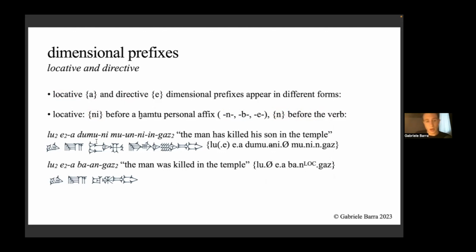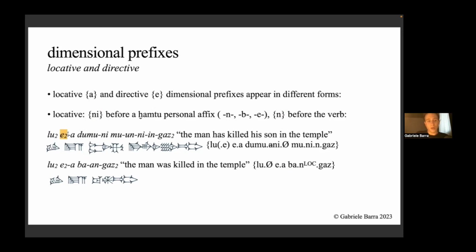But let's just see that on paper. So we have this sentence, lu e a dumu ni mu ni n gats. So, lu, man. We know that u is a very strong vowel. So in case it's an ergative, in case it's a transitive subject, we should have an e of the ergative, which is not written.